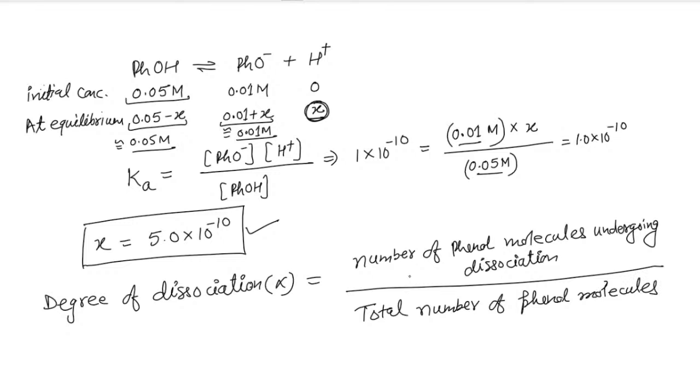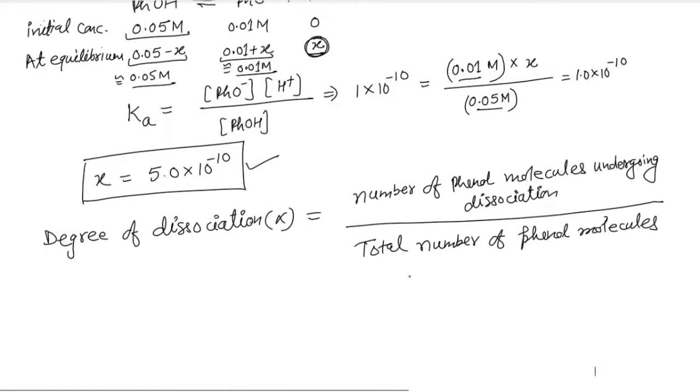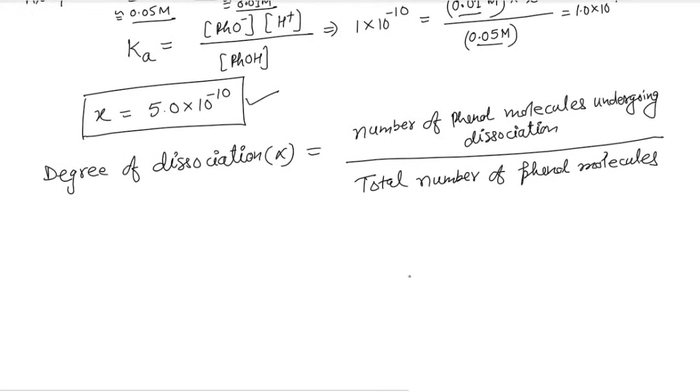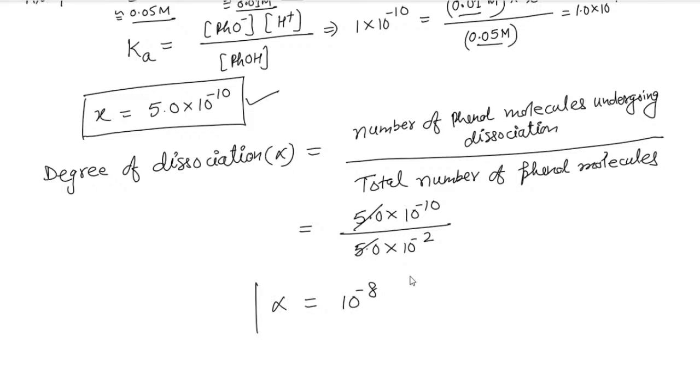So that is 5.0 into 10 raised to minus 10 divided by the total 0.05, which is 5.0 into 10 raised to minus 2. Cancel, that is 10 raised to minus 8. So alpha is 10 raised to minus 8.